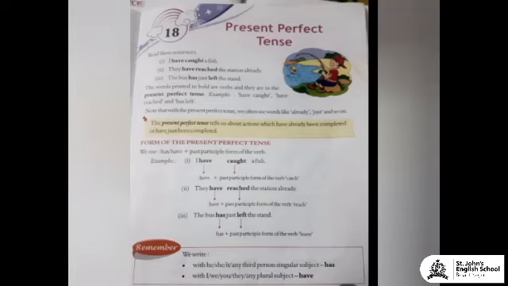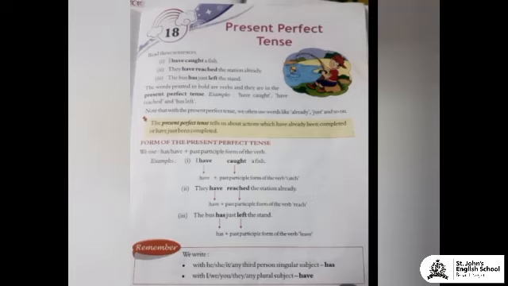Understand, students? Where do we use has and have? See, it's mentioned clearly. Has is used for he, she, it, and singular subject. Have is used for I, we, you, and plural subject.